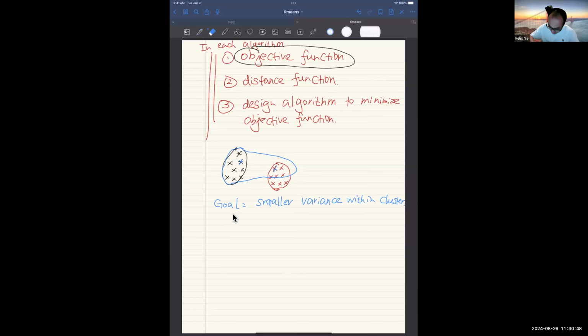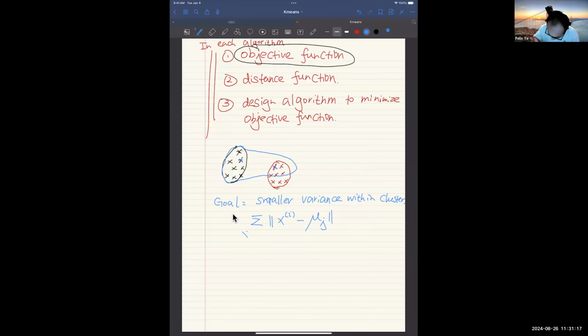So if I want to say x of i belongs to a cluster, I want to compare it to the mean of the cluster, mu of j. I sum over all my x_i that belong to this cluster j, and I want to sum all of the squares of the distances.